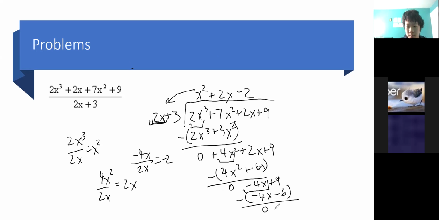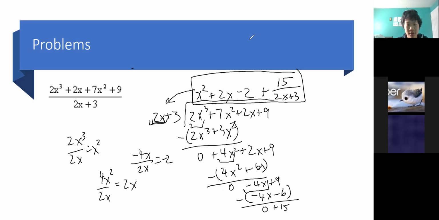Zero plus 15. We can't fit any more 2x's into 15, which means that's the remainder. You can write it as x squared plus 2x minus 2, remainder 15. Or you can add that remainder in by dividing it by the original divisor. That's the actual answer.